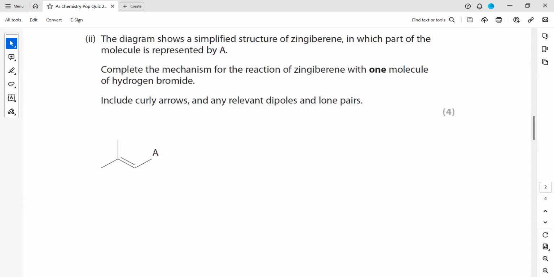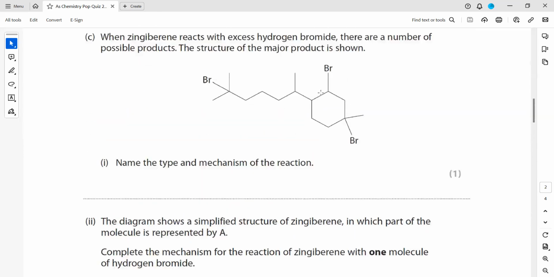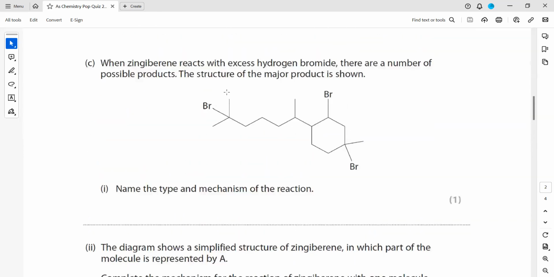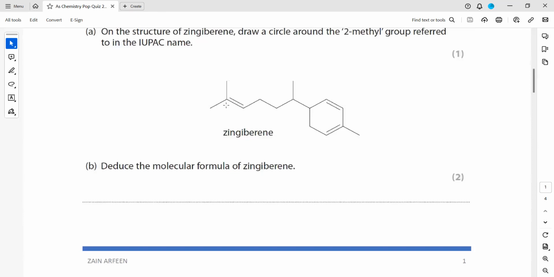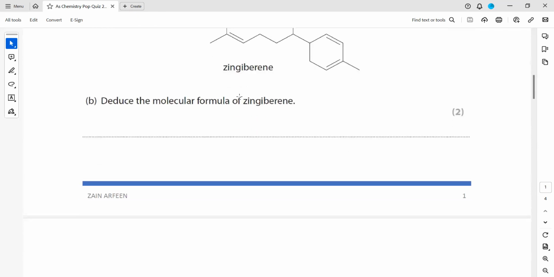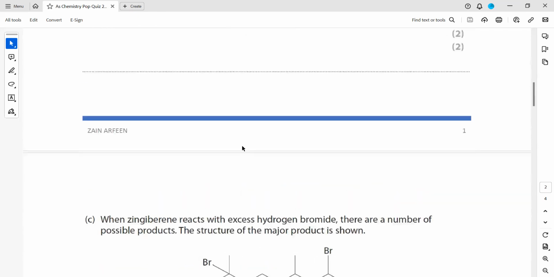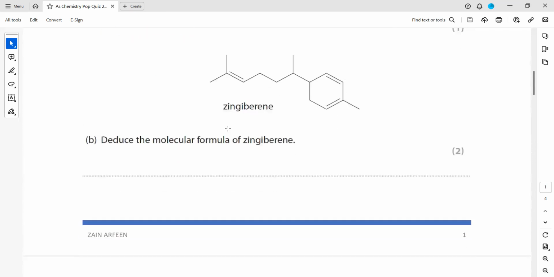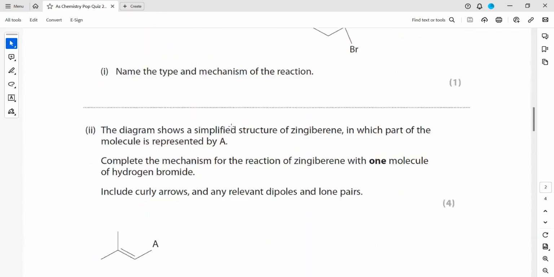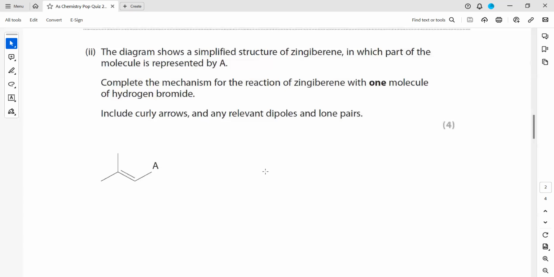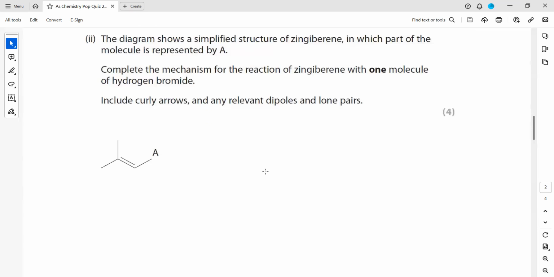If I draw HBr here, this part is given to us where the bromine is added. The bromine is attached to a carbon which has one group, because this is the major product: when a carbocation is surrounded by more alkyl groups, it is more stable.